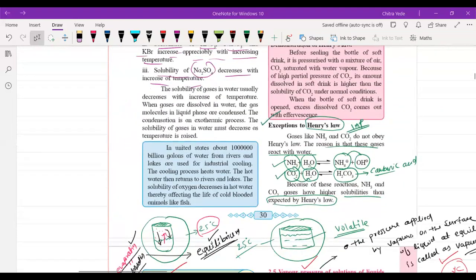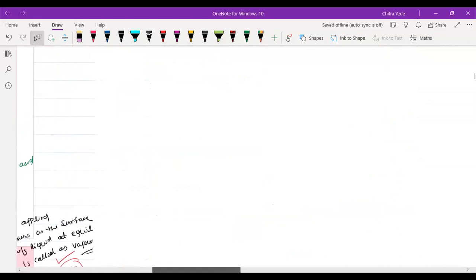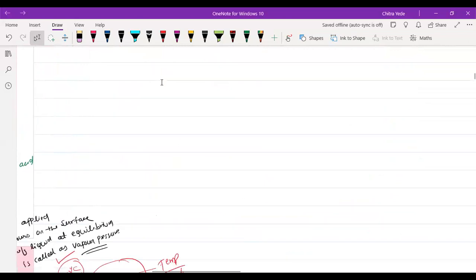Now, what are colligative properties? See, whenever we check melting point, boiling point, any measurable property of matter, can we check only for one particular particle? Suppose you want to check the melting point of water.